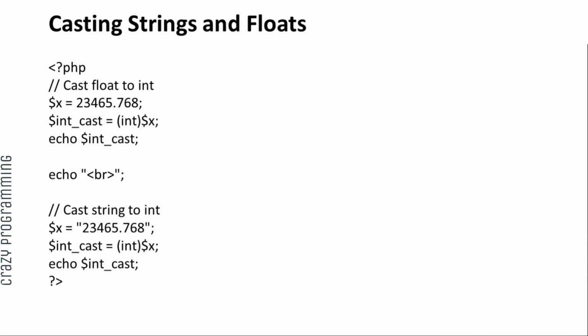We have defined the new variable, that is int_cast equals to, inside brackets, int and then the x variable, and in the next line we have echo int_cast, and we will see what happens in the result in the upcoming next video.